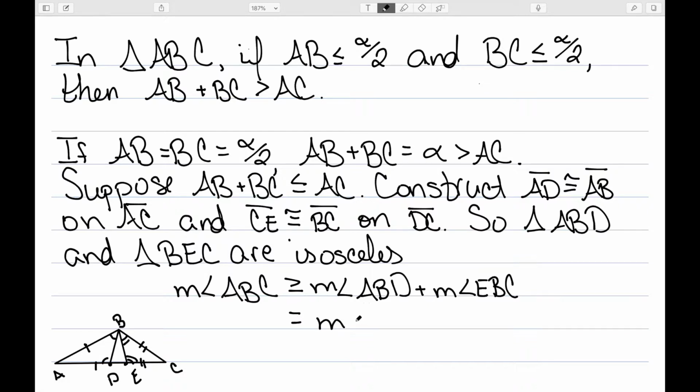Using isosceles triangles, this is the same as the measure of angle ADB plus the measure of angle BEC.